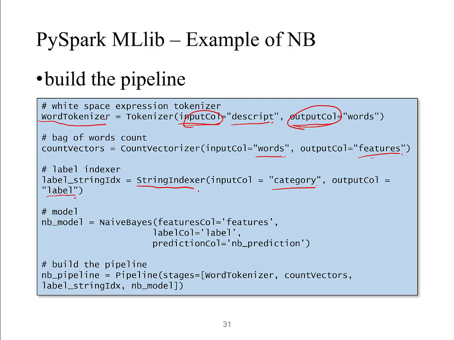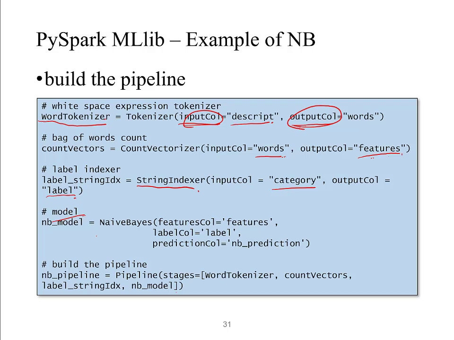And with these three transformers, the last one would be an estimator. So this estimator is essentially a naive Bayes model, because we use the estimator to learn from data, so it should usually be a classifier or a model.